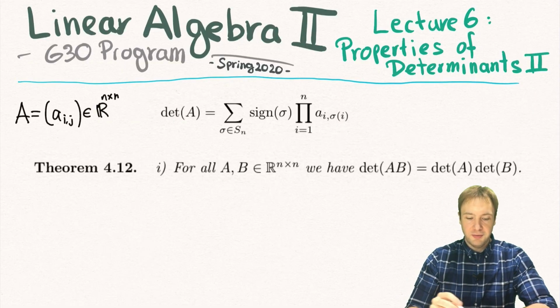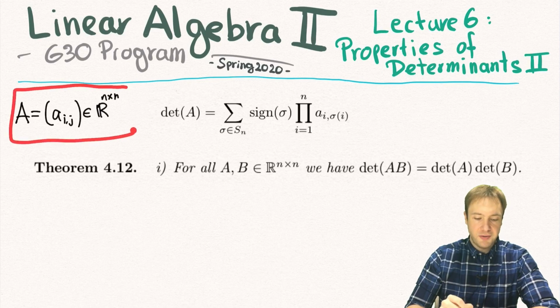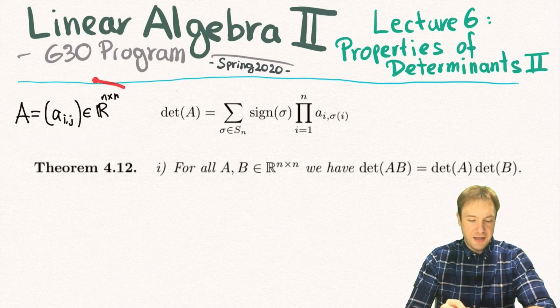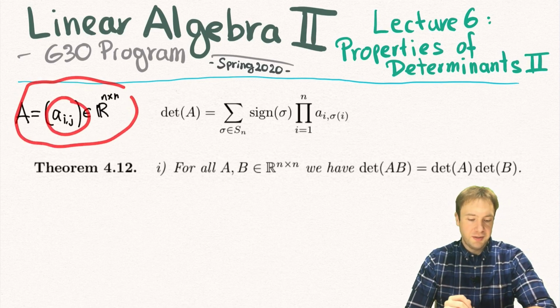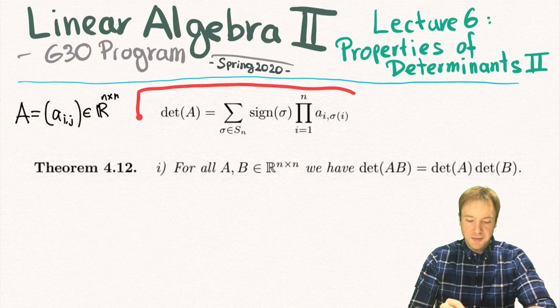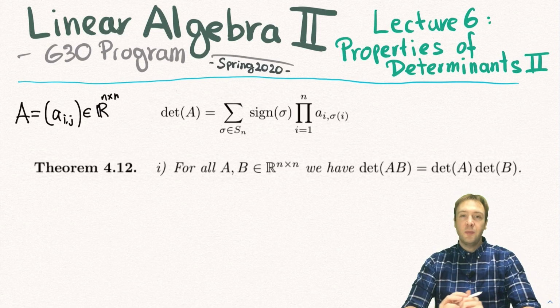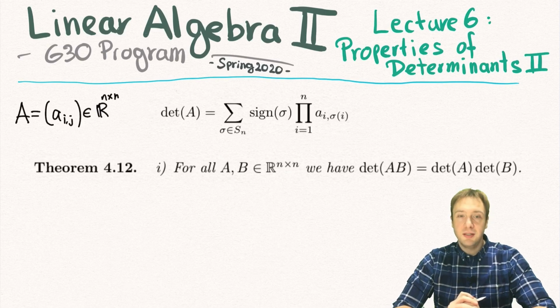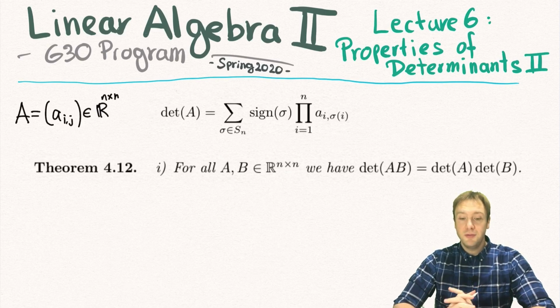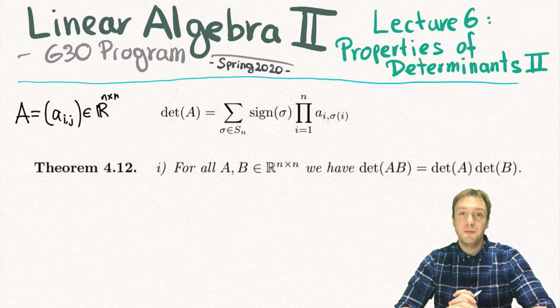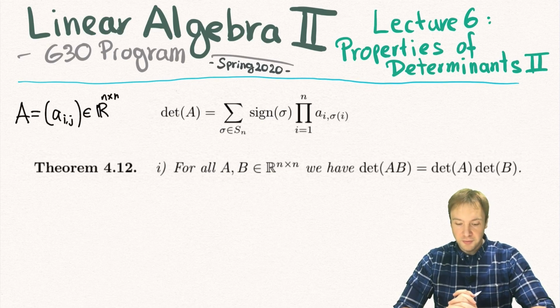So determinants were defined for square matrices A, an n by n matrix like this with entries a_ij. And then the determinant was defined by this formula here. And last time we proved that a matrix A is invertible if and only if the determinant of this matrix is non-zero.